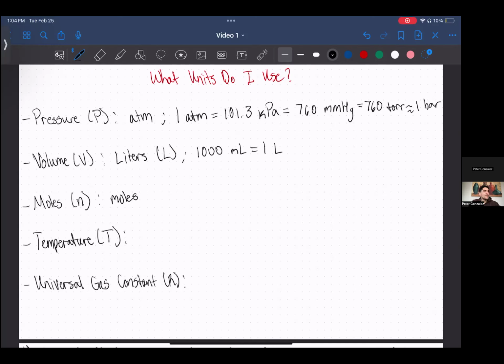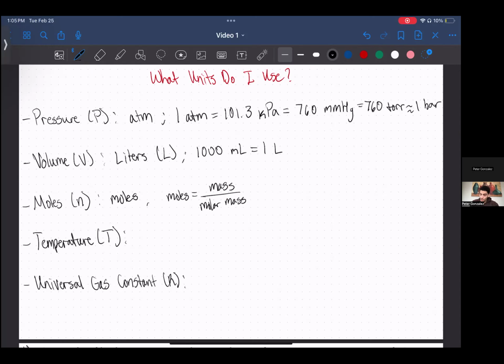Worst case scenario, since I love to talk negative, you may be given it in kilograms, or in terms of the molecules of substance. That's the worst they could do. In that case, you just need to go from mass to moles, which, just keep in mind, the moles that you have is equal to the mass of substance divided by molar mass.